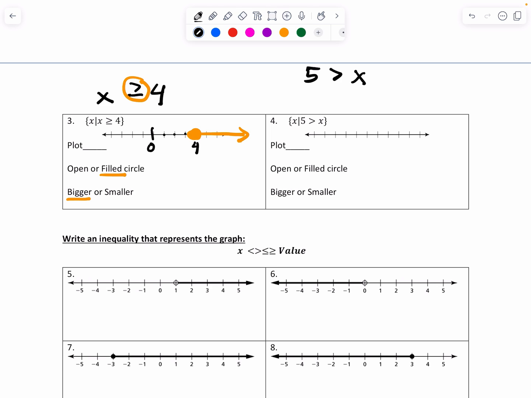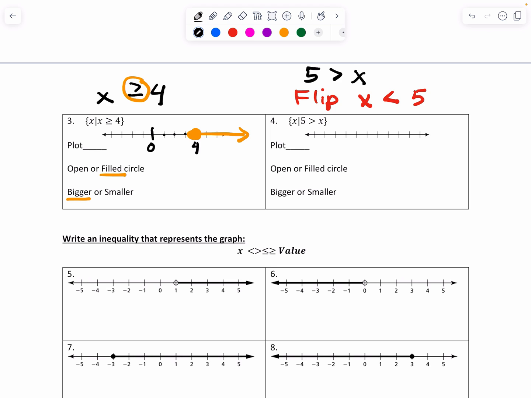I'm going to flip my inequality. If it says 5 is greater than x, that means x is less than 5. Notice how I flipped everything? So like reading it in reverse, if 5 is bigger than x, then x must be smaller than 5. And that's what I'm going to graph.